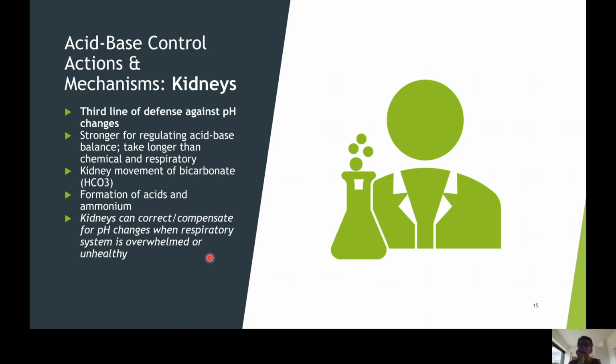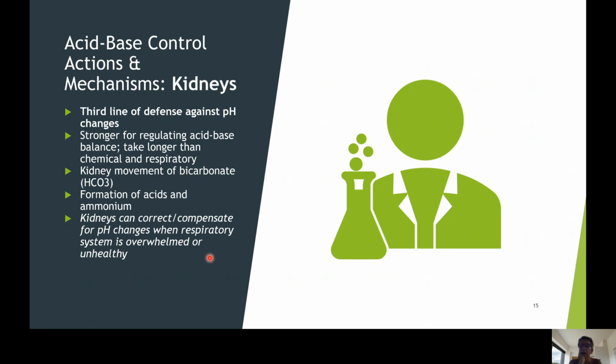So the first line of defense to keep the pH in homeostasis is, like I mentioned, the buffers. They're critical in maintaining normal body fluid pH. They sort of act like hydrogen ion sponges. They soak up hydrogen ions when there's too many present, or they squeeze out hydrogen when too few are present. So when you hear that there's too many hydrogen ions present, that means the patient is acidotic.